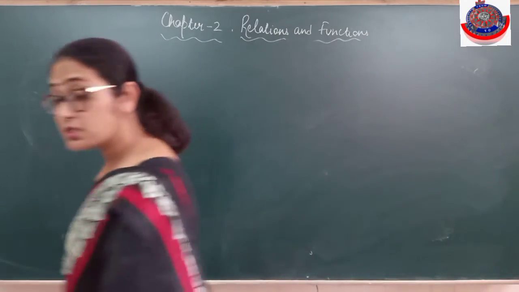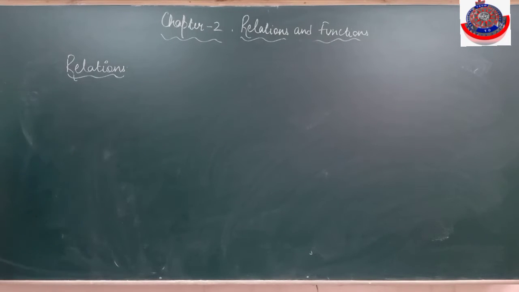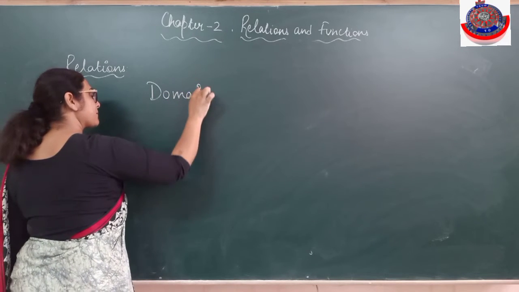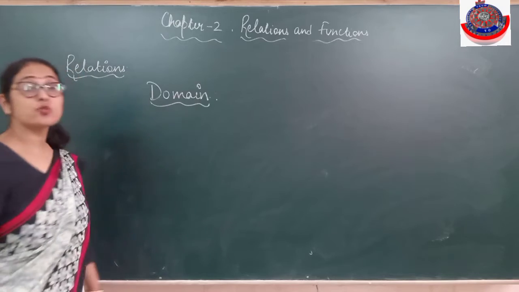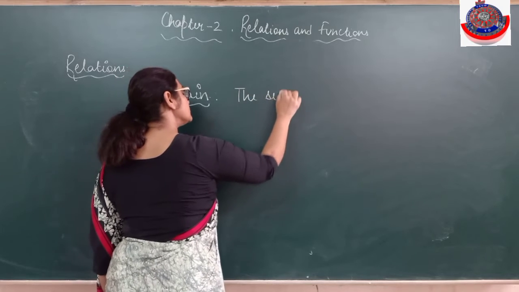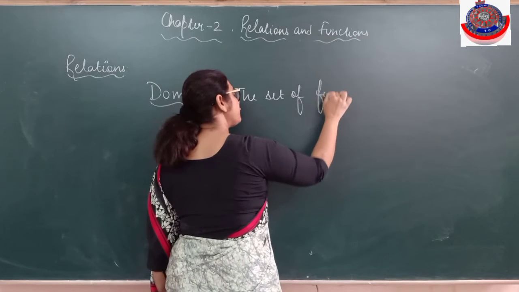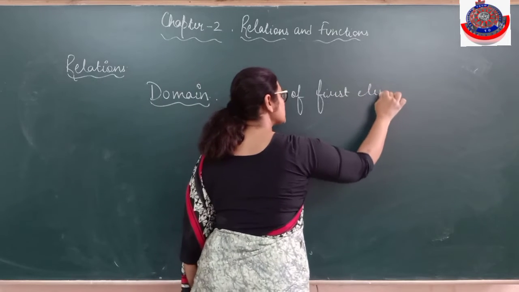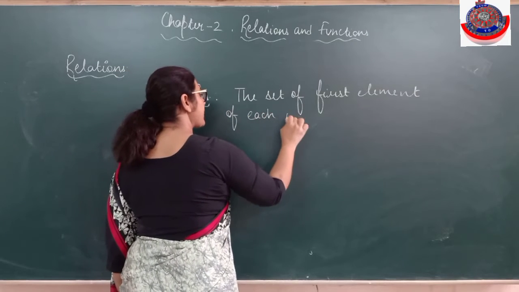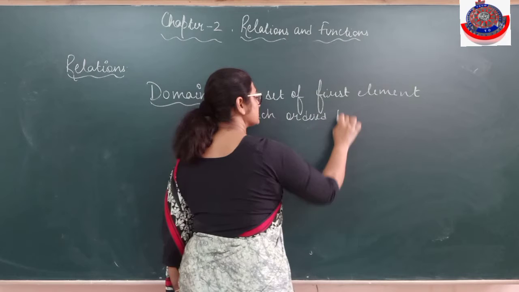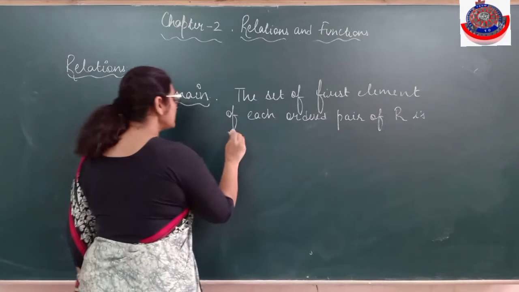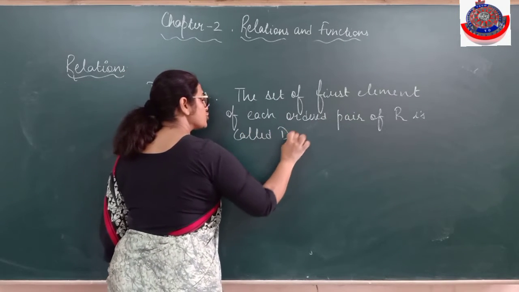There are three words which will carry on in functions also. The first is domain. What is domain? The set of first elements of each ordered pair of R is called domain.